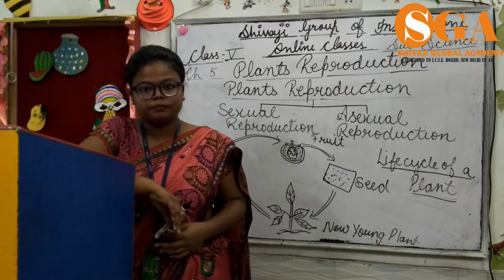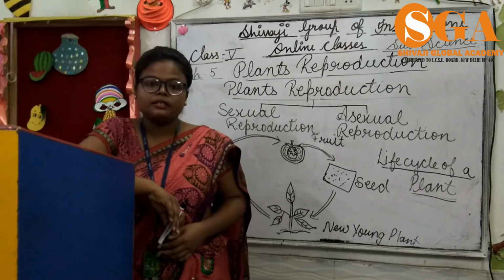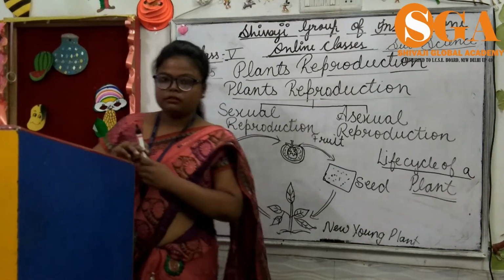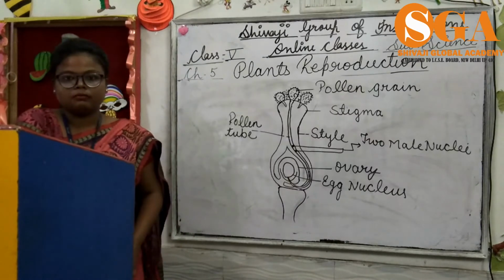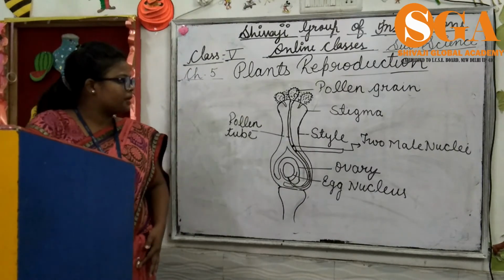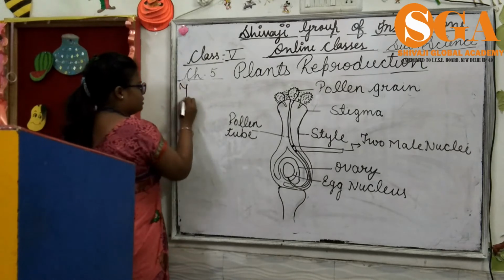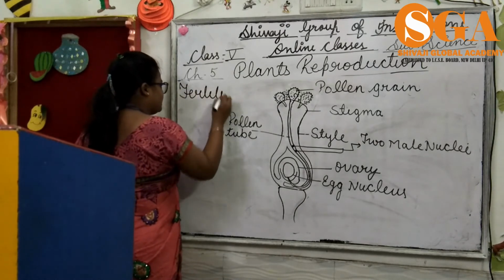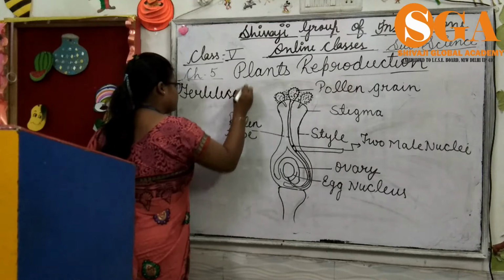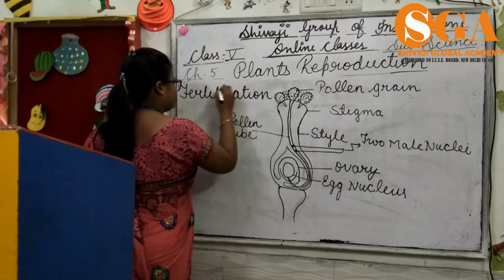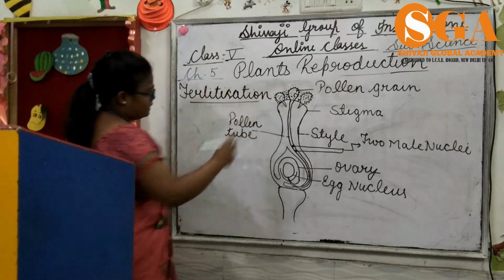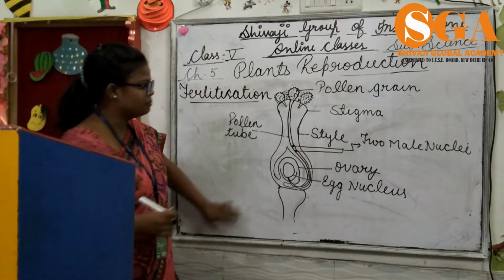Okay, students. Our next topic is fertilization. That is the diagram of a plant, as you see.